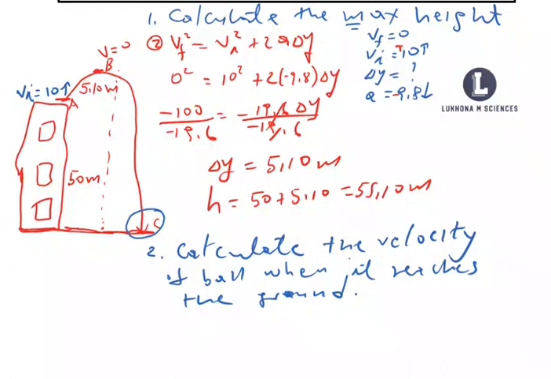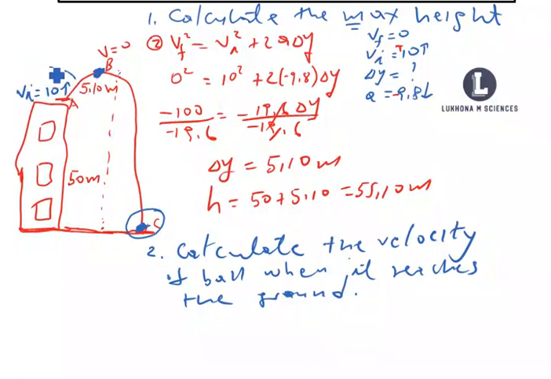Now what we are going to do, since we are talking about the velocity, we have the initial velocity here, then we are looking for velocity here. We have the distance from here to here, that is 50 plus 5.1, so we can use that one. But what is given in the statement?